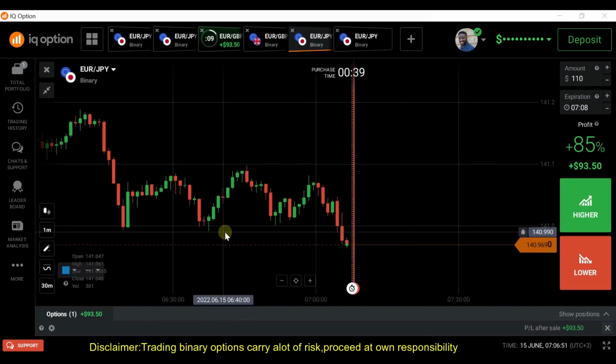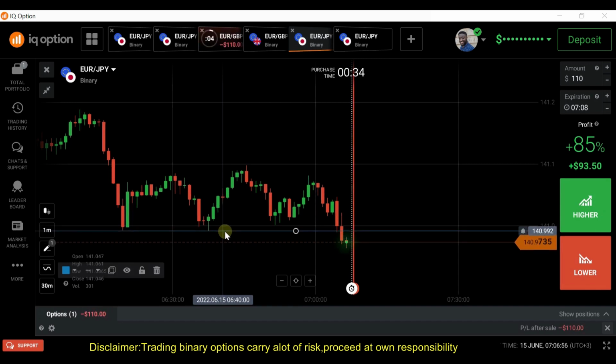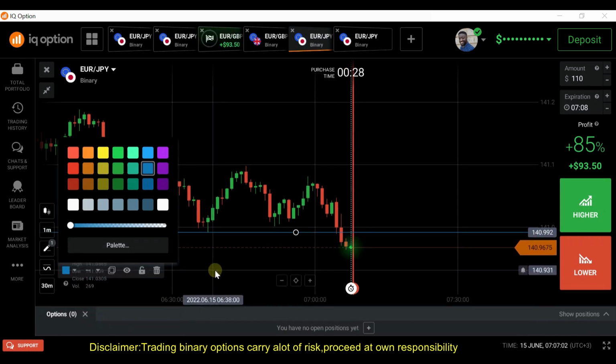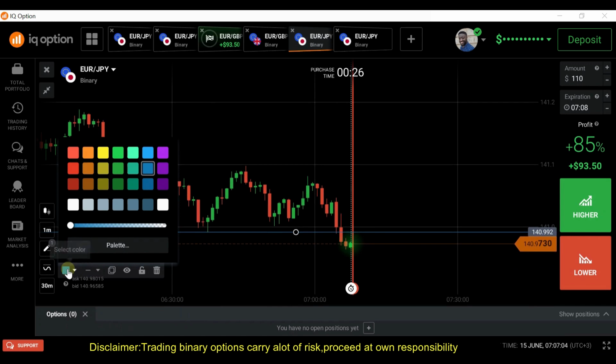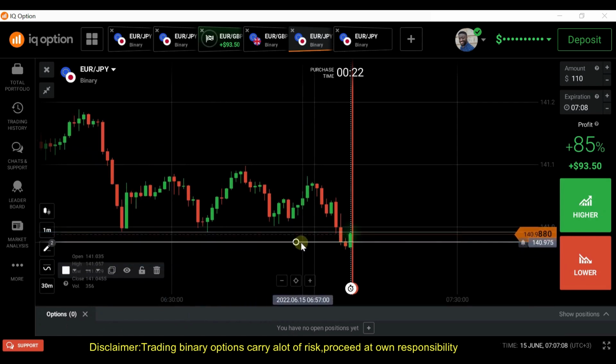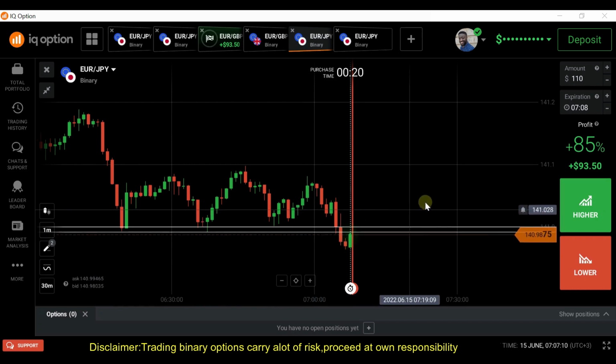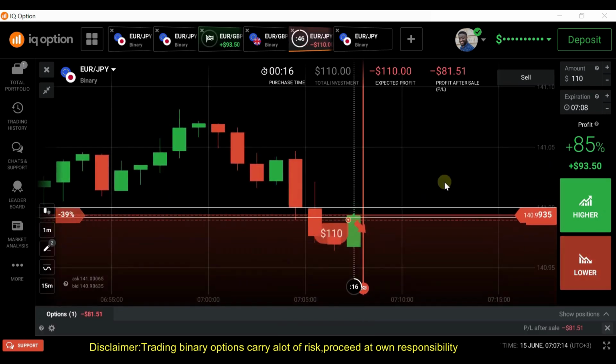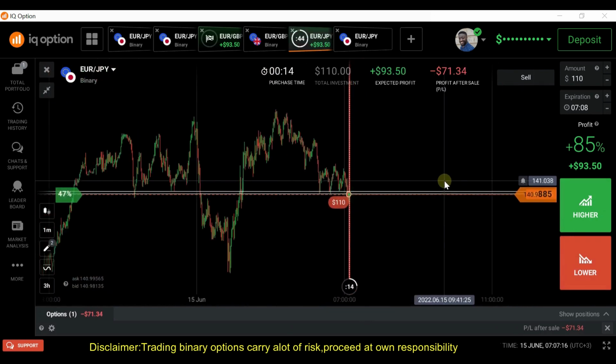Here we had a breakout of this point. Can change the color. So I need an entry point on the level. That's nice.